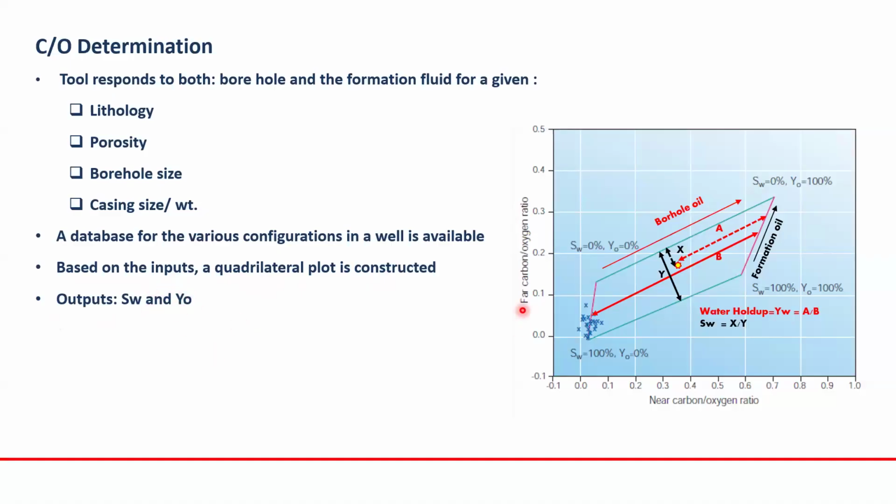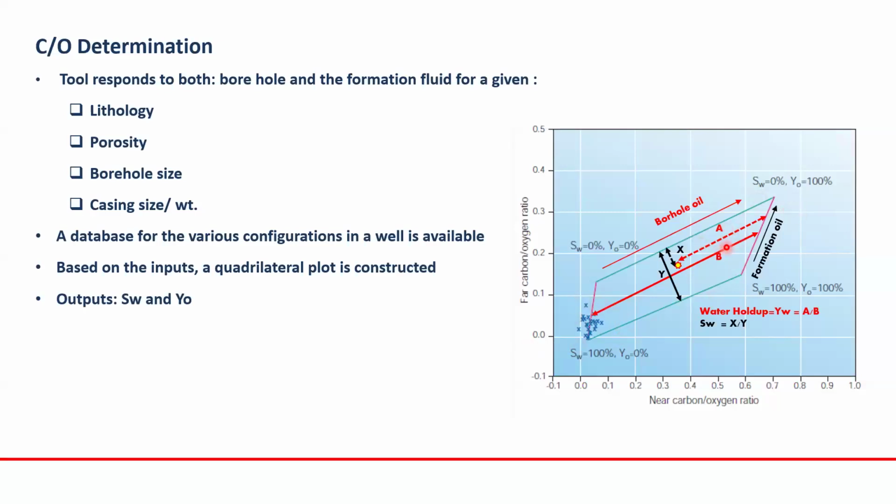How much oil do we have? So we have oil, we have water, and we make this envelope, and we plot the near carbon oxygen and the far carbon oxygen in this one, and it can give you how much oil, how much water saturation, and how much holdup. So we have 100% water saturation and zero oil. Okay, so you just plot the log here or here or here.